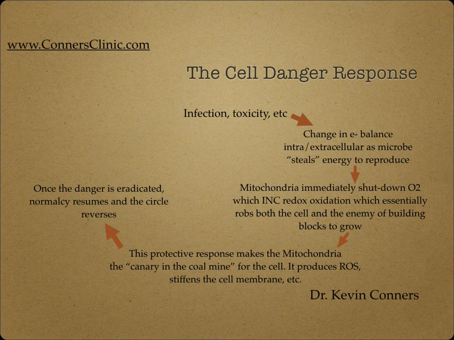It changes the way our cells function on the inside. The mitochondria change, and all sorts of different things take place. And this is just one example of what takes place in the mitochondria. It shuts down oxygen, increases redox oxidation in the cells, and your cells don't have the building blocks to continue to function.